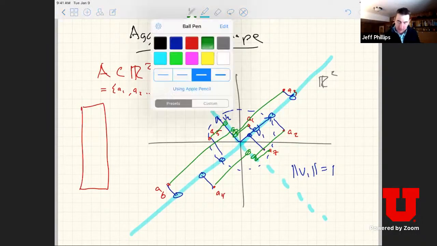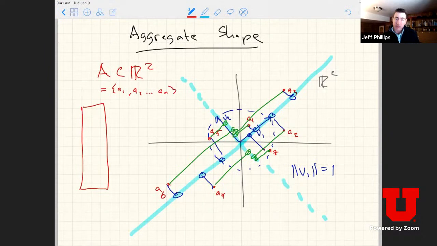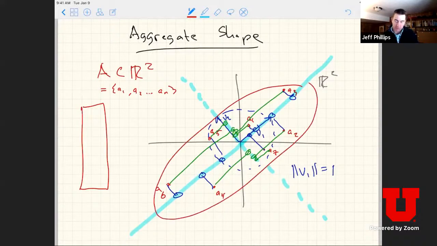Now when I talk about aggregate shape, there's implicitly this ellipse structure going on here. I'm trying to draw this ellipse. An ellipse is kind of an oval. It's a circle that's been stretched out, but it's still parabolic, right?